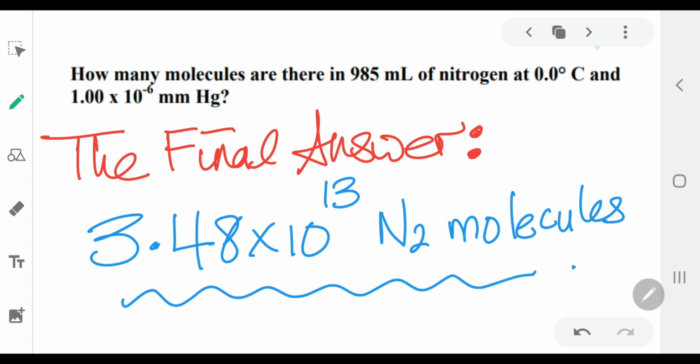So that is the answer that you should be getting, 3.48 times 10 to the power of 13 N2 molecules.